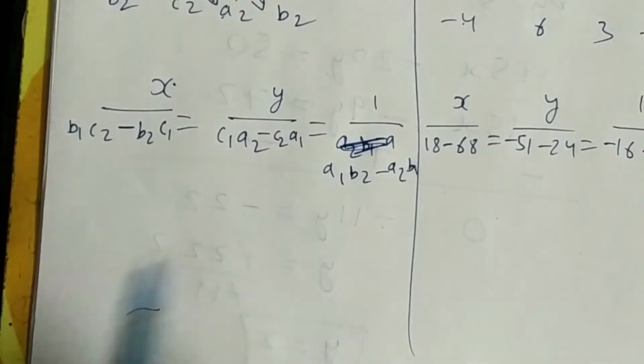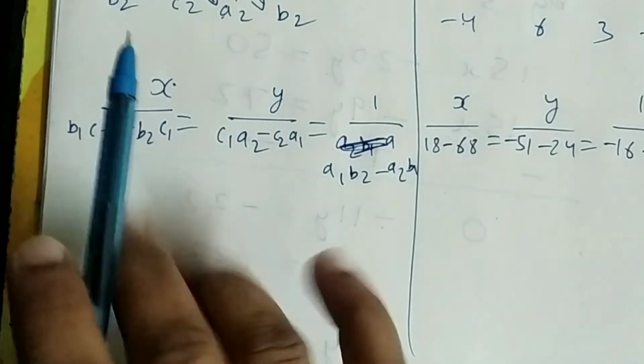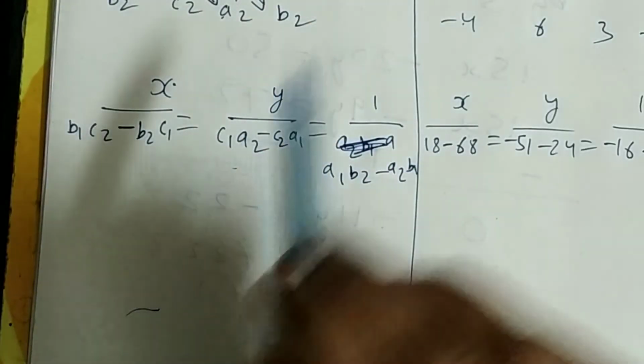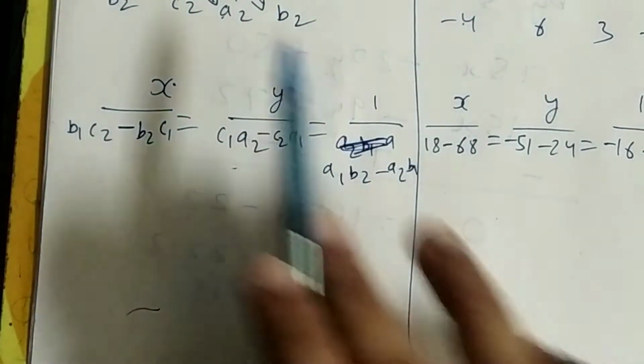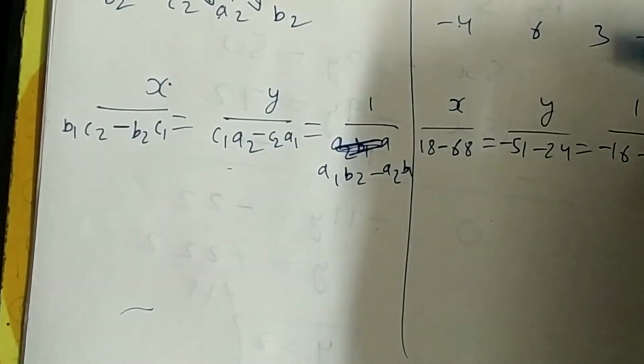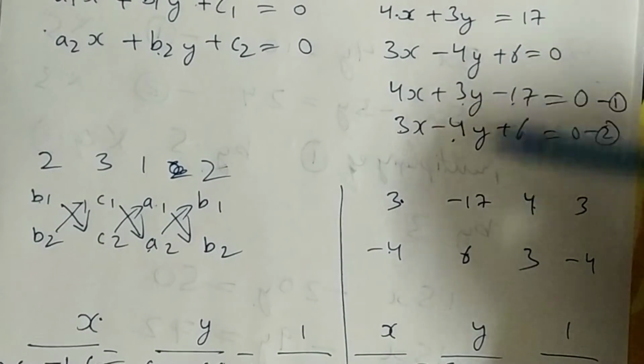This you have to learn. You need not learn the exact values, but if you learn this, you can apply it here. This is just a method and this is actually how you have to solve the question. This whole part you have to write.